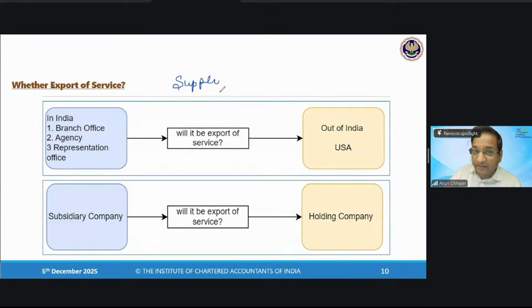The answer is no, it is not zero rated supply. So here you come to the conclusion: not zero rated supply. It means you need to pay the tax. Am I right? Just confirm.